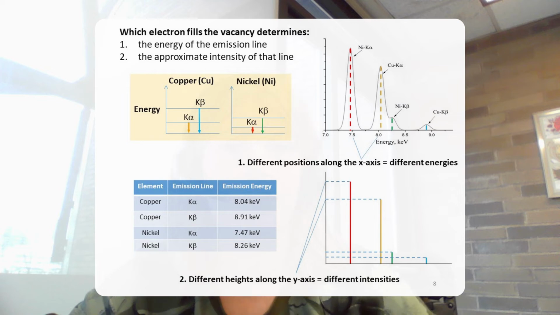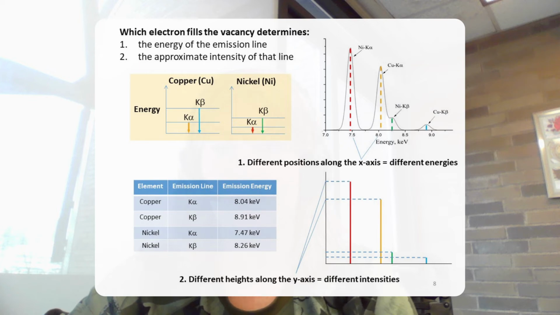What we are seeing in the spectrum is the result of many thousands of X-ray photons ejecting one electron from each of many thousands of atoms.